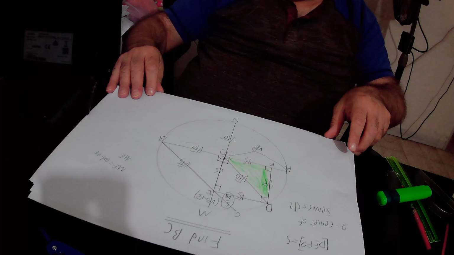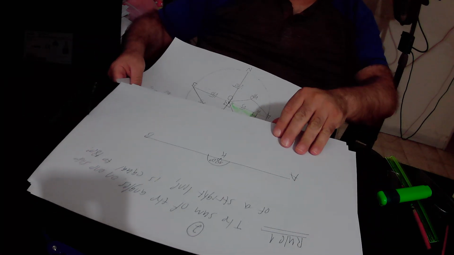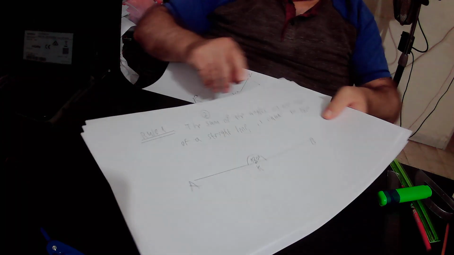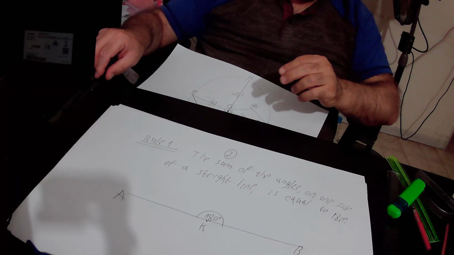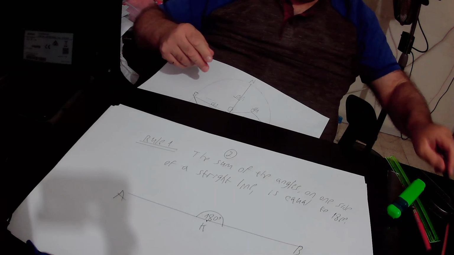In the next step, I presented to you rule number 1. According to rule number 1, the sum of the angles on one side of a straight line is equal to 180 degrees.